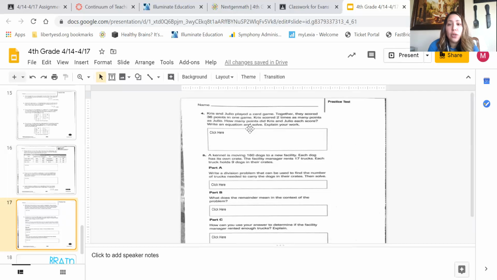So again, Chris and Julio played a card game together. Oh, they scored 36 points. Okay, so this is where you need to represent the number of points by the number n. So you would put, here, I'll do this. It's kind of like our box ones again.